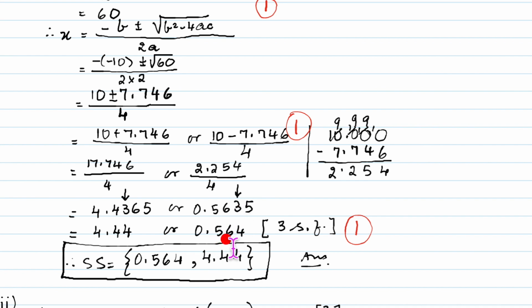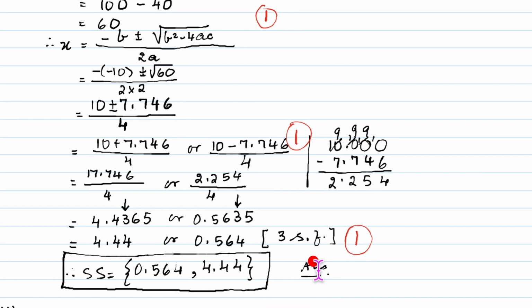So it becomes 0.564 as the fractional part, and that is because this 5 and more than 5 digit will make this 3 into the next digit. And I write over here, this is 3 significant figures. When we write the solution set, we write the smaller number first and then the bigger number. And you have to write the set brackets. That's how we get our answer.